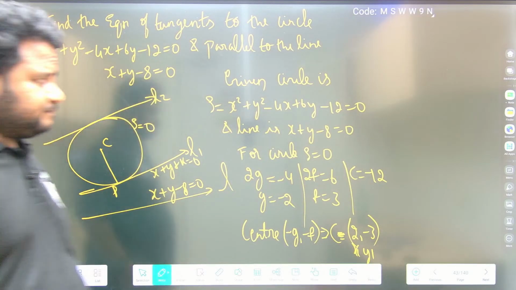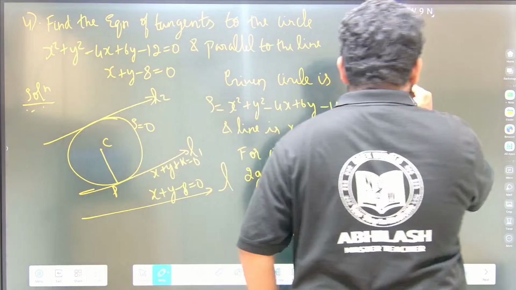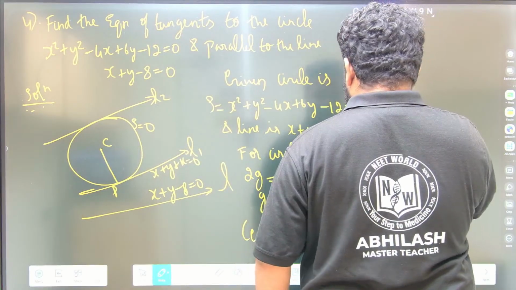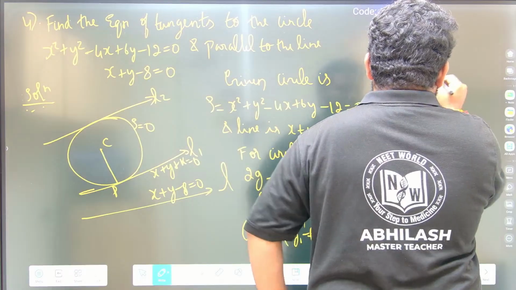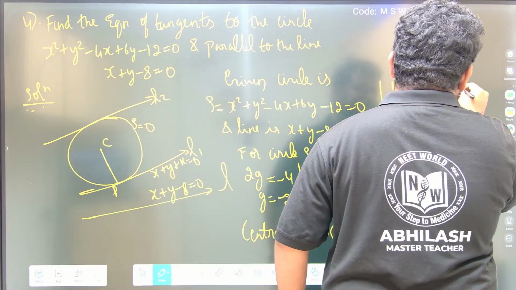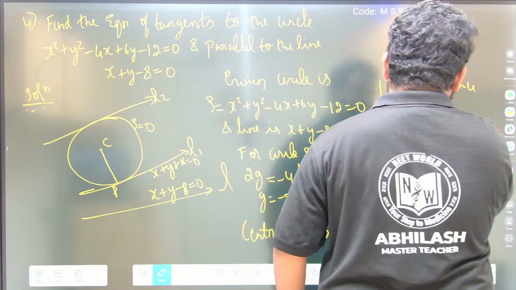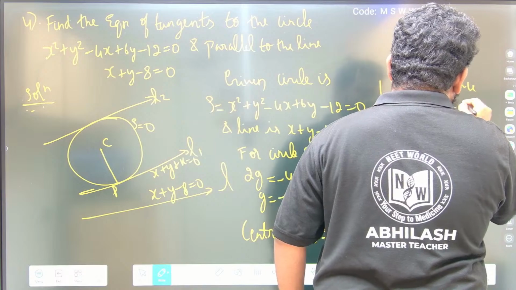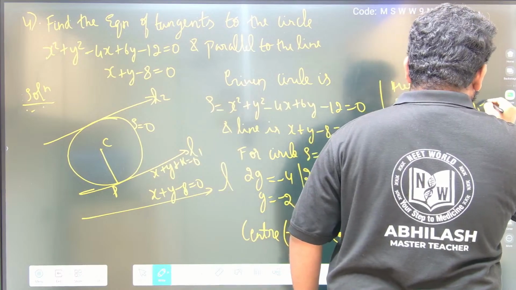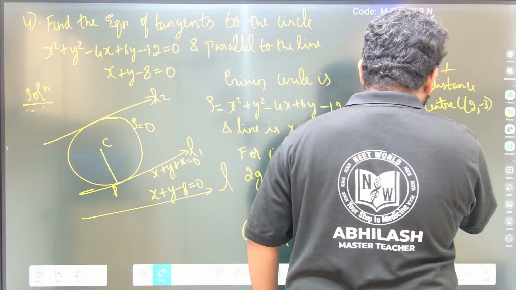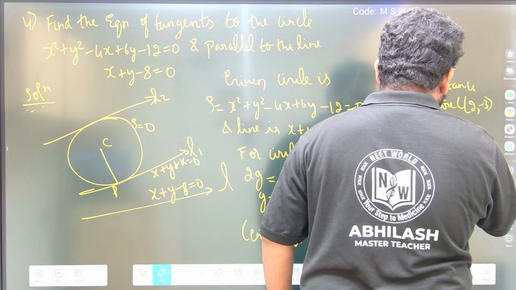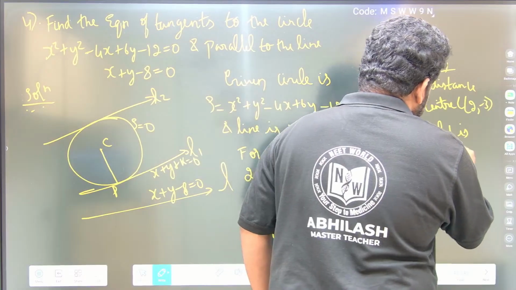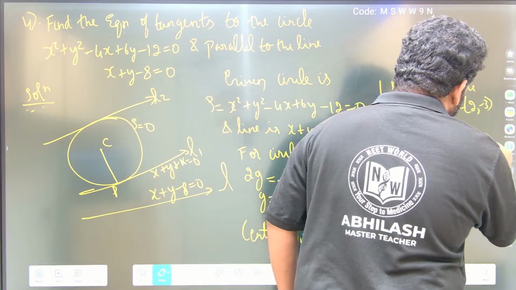Now see here. The perpendicular distance from center C, 2 comma minus 3, to line L1 is equal to the radius of circle.